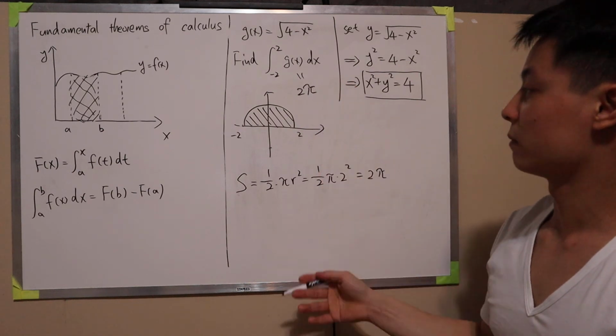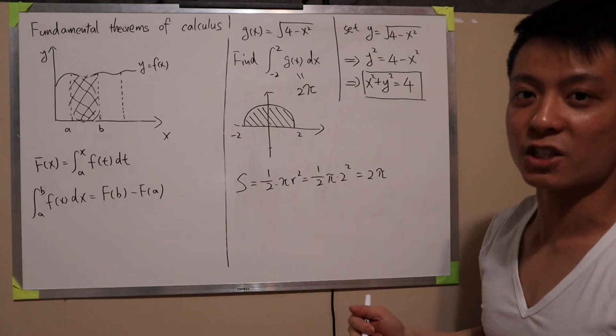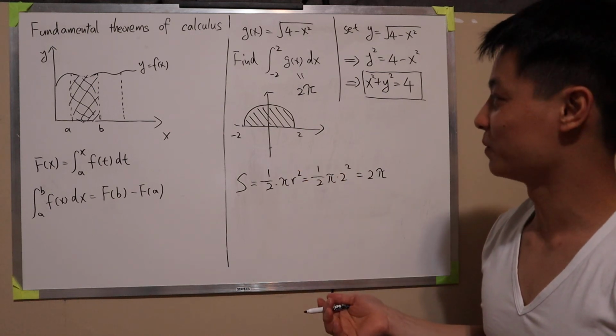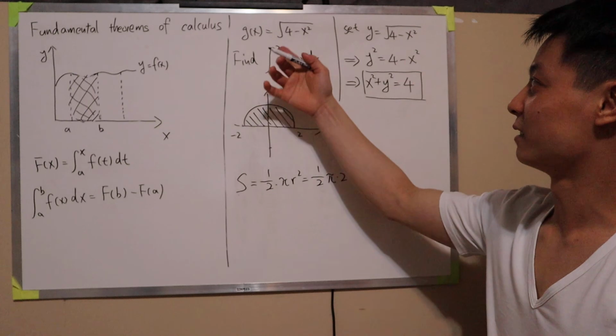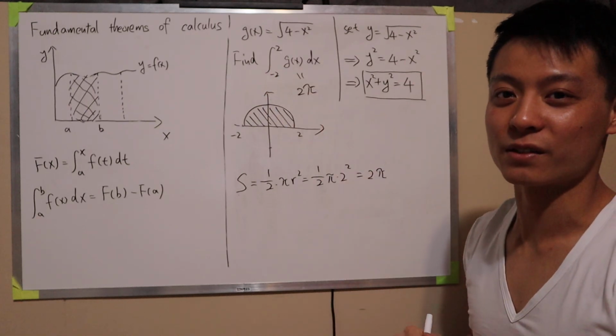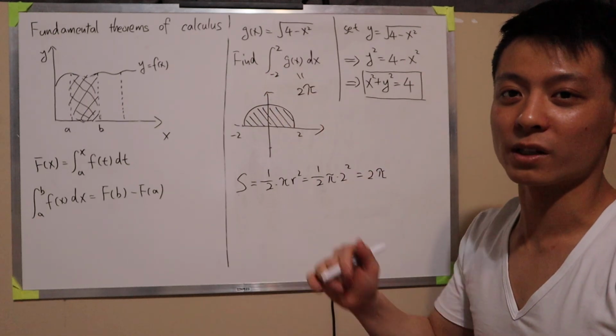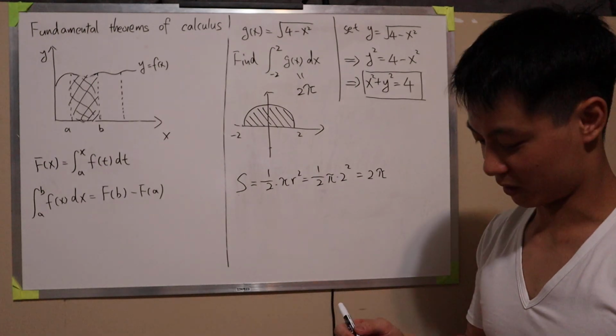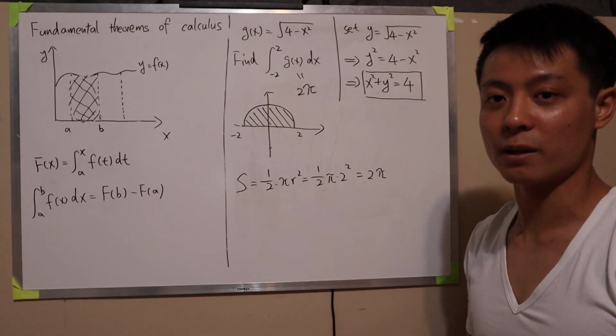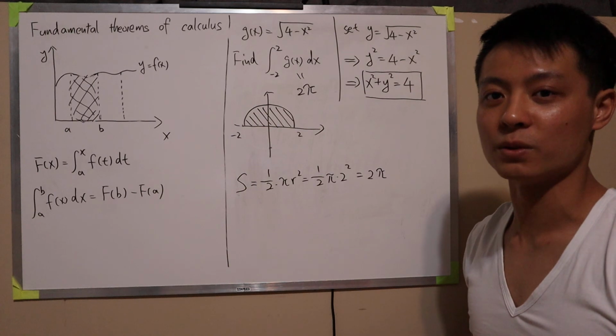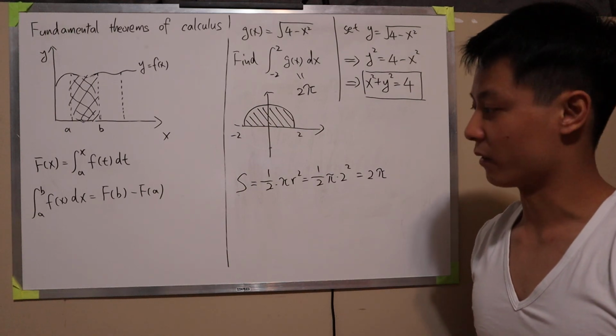That is by using the definition of the integral, not actually finding the antiderivative of this function. So I hope these 2 examples will help you. And if you still have questions, let me know, and I will try to make a video to explain that. And thanks for watching.